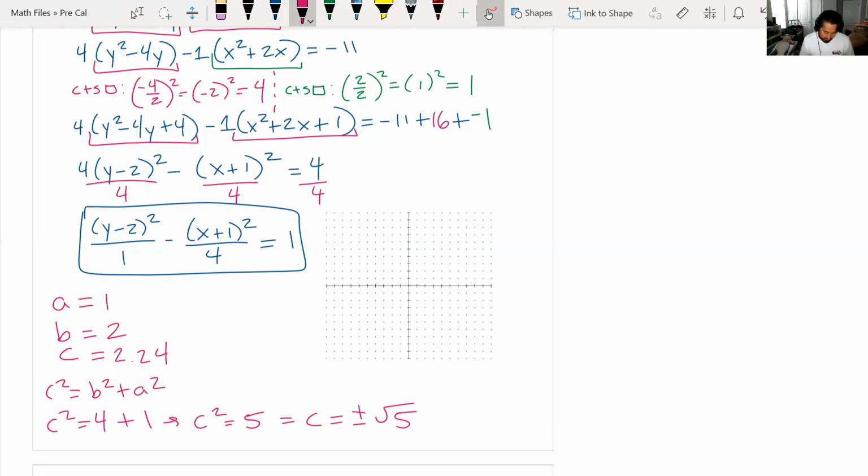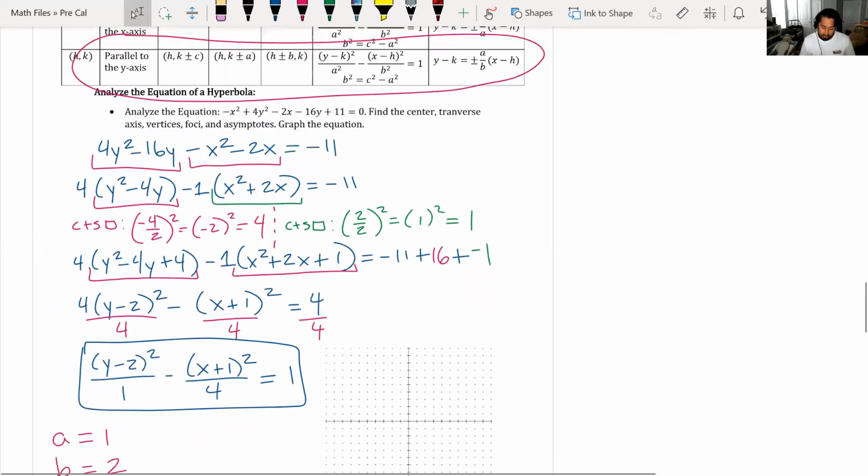And now we have A, we have B, we have C. We even have the center from the hyperbola equation. And no matter what, comparing them, H still belongs with X and K still belongs with Y. So the center is always going to be HK.